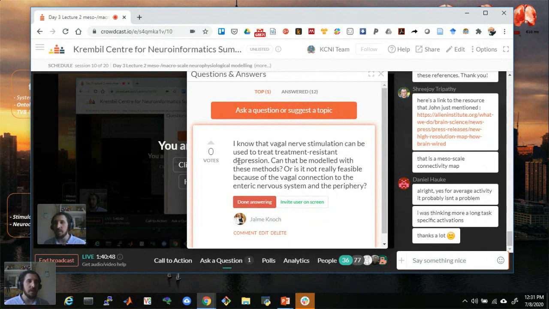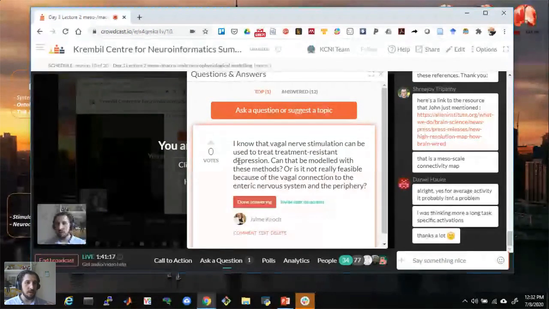But in general, what you're talking about is introducing an input, and it's the same thing as modeling sensory processing. A simple way to describe modeling a visual evoked response is you just inject a stimulus into the visual cortex, right? It's really just a question of where the input is coming in.